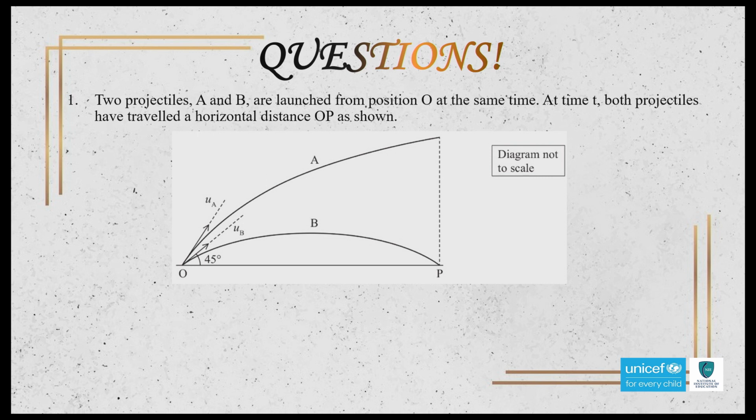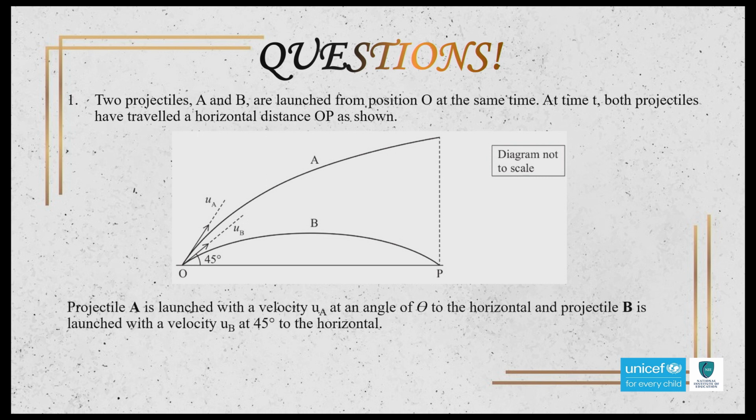So, you have to remember when you are doing the questions, keep in mind the given data: horizontal distance, then the same time. Then you can see A has initial velocity UA, B has initial velocity UB. You can see that UB's angle to the horizontal is 45, and UA's angle to the horizontal is theta.